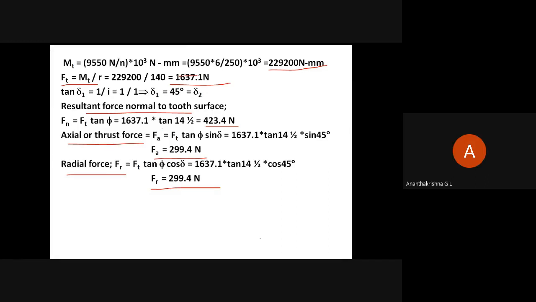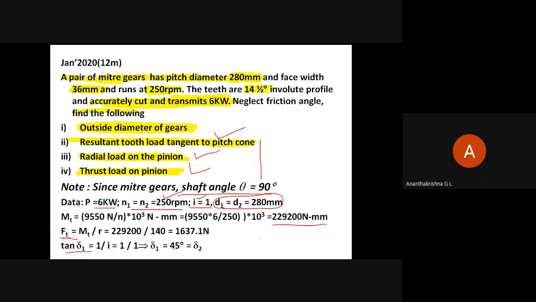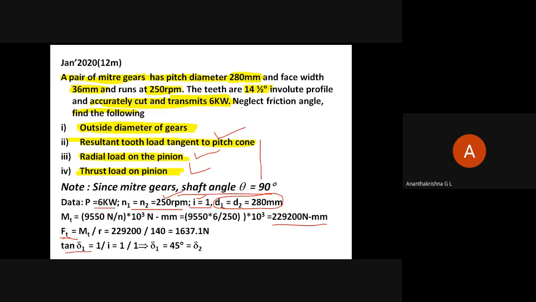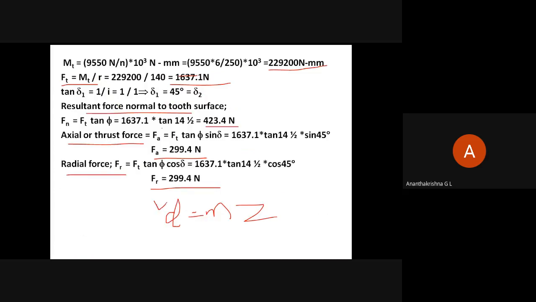Now we need to find the outside diameter of the gears. For that, we need to find the module. D is equal to M into Z, and the problem has given you the pitch diameter to be 280 mm, correct?